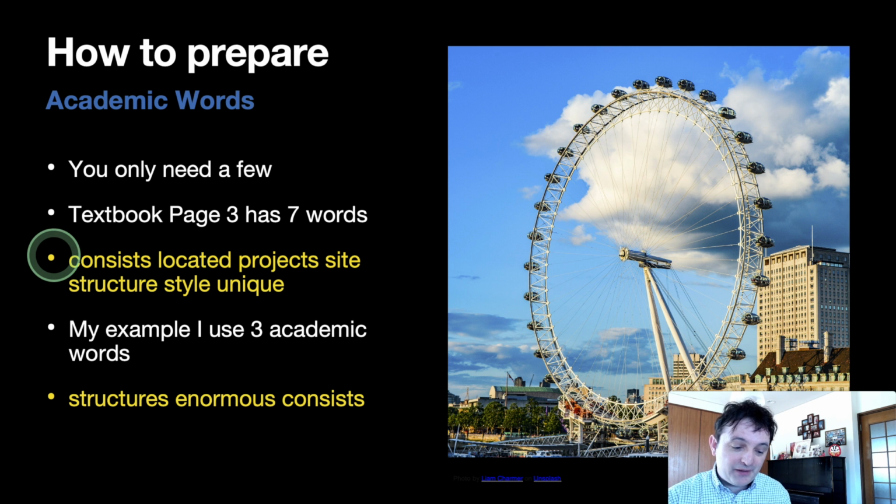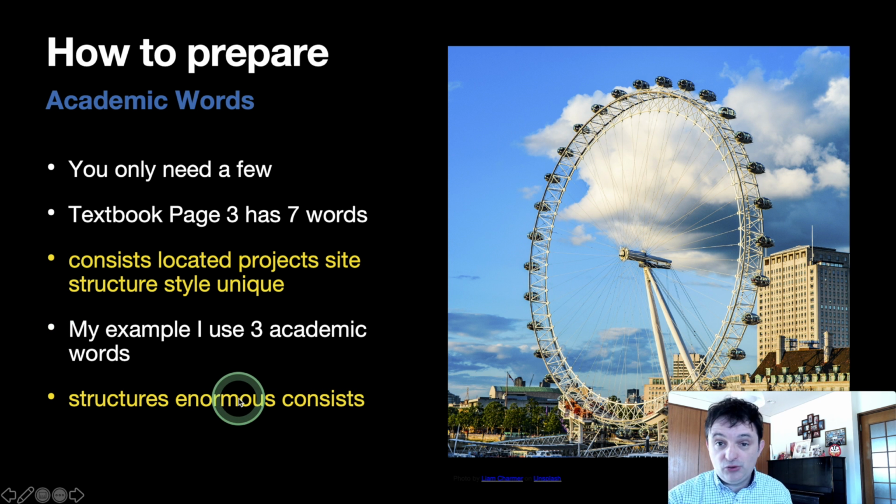So the textbook also has a great example for you. You don't need a lot of academic words. My example I'm going to show you next has only 3 academic words. And if you want to do well in this first assignment, you need to use more than 3 academic words in your writing. The words I used are similar to the textbook, structure and consists.